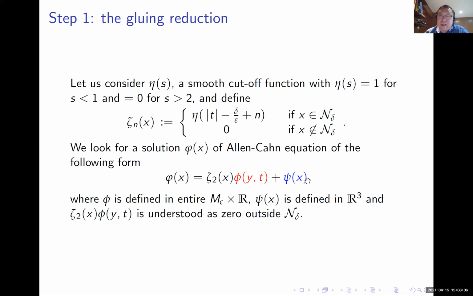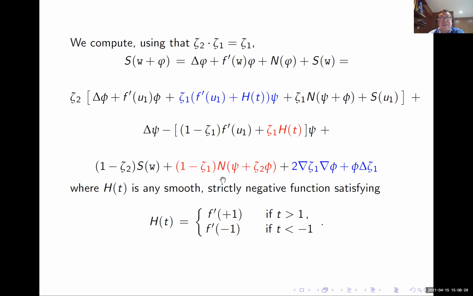This psi is defined everywhere, so I use X, the original X. This phi is defined near the interface, so I use Y and T. So this is the inner variable, and this is the outer variable. All right, so let's now do the computation. You plug in this one, and then you have to see which term I should put in the inner part, which term I should put in the outer part.